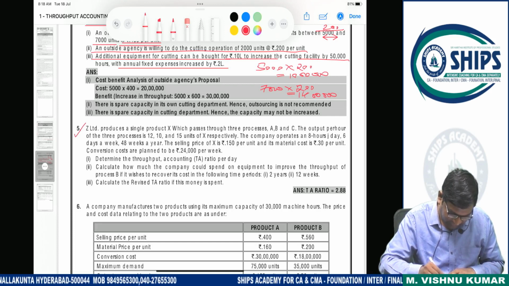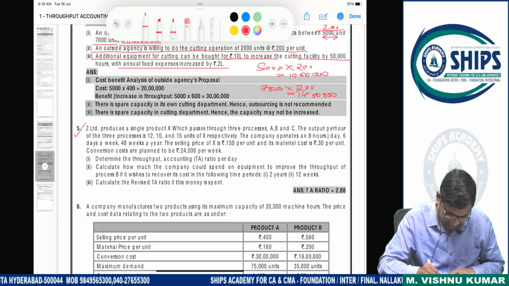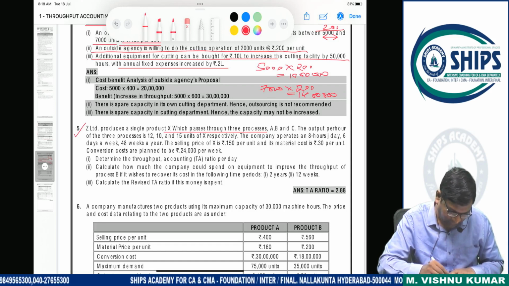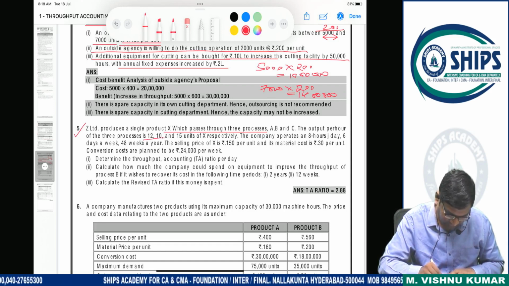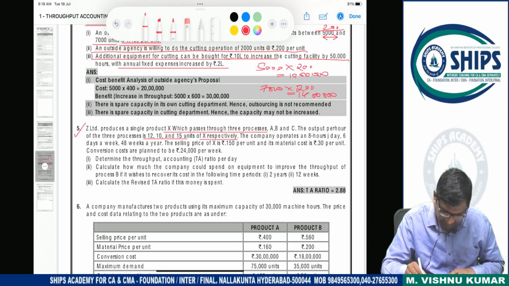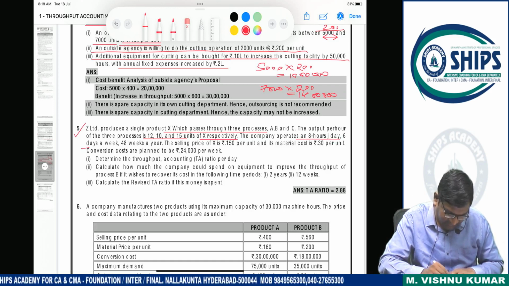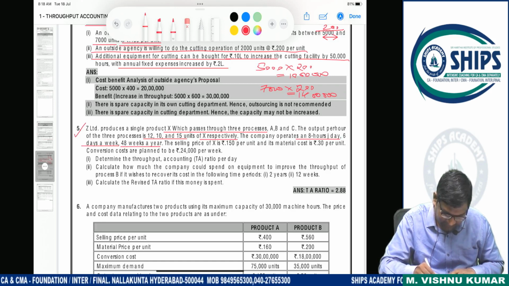Question number 5. Z Limited produces a single product X which passes through 3 processes A, B, C. The output per hour of the 3 processes is 12, 10, and 15 units of X respectively. The company operates 8 hours per day, 6 days in a week, 48 weeks in a year. Selling price is 150 and material cost is 30.